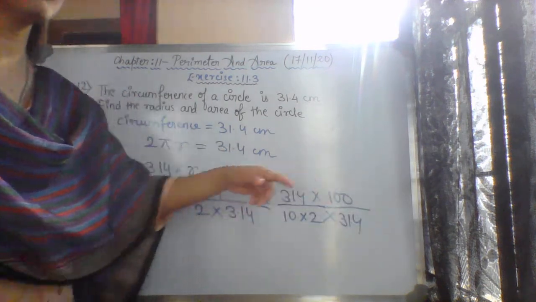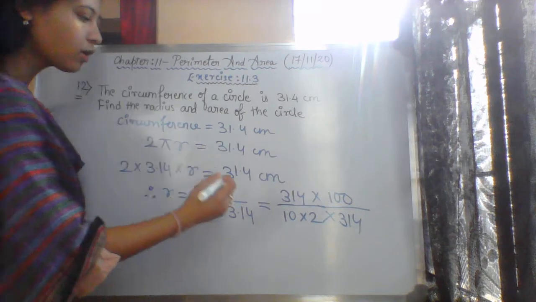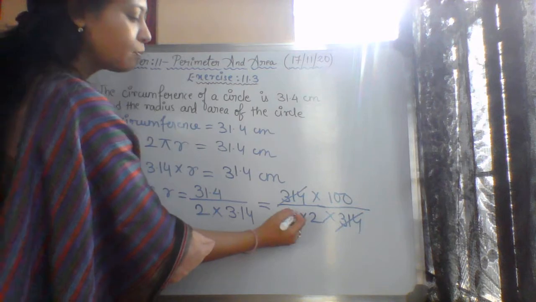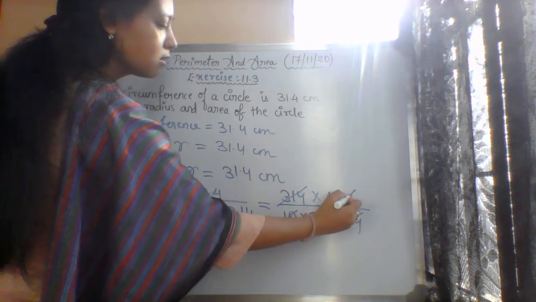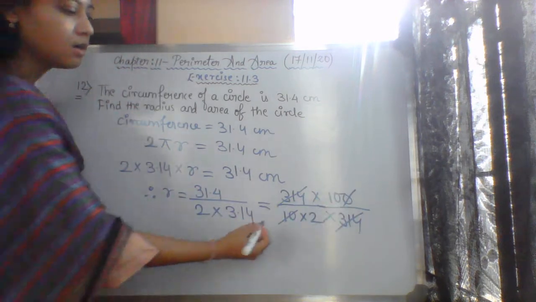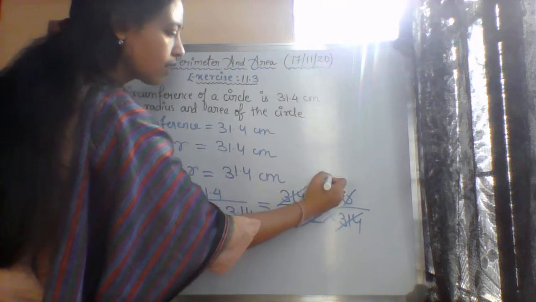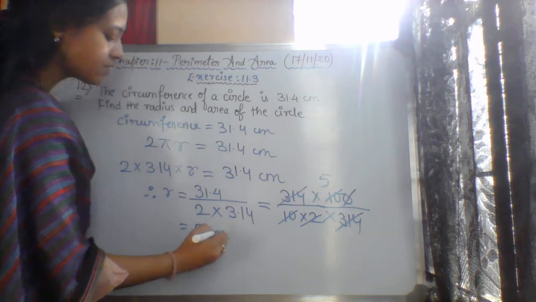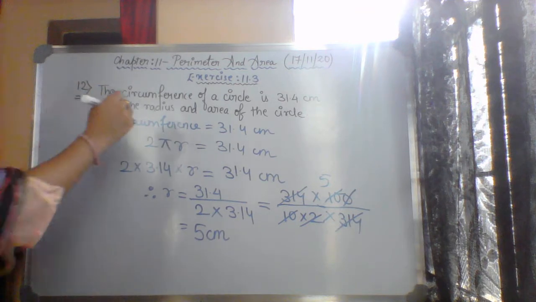So the 100 will go to the numerator part. So 314 will cancel out, and this 10 with one 0 will cancel out. Now 2 ones are 2, 2 fives are 10. How much will it come? Radius 5 centimeter. So the first part is over.